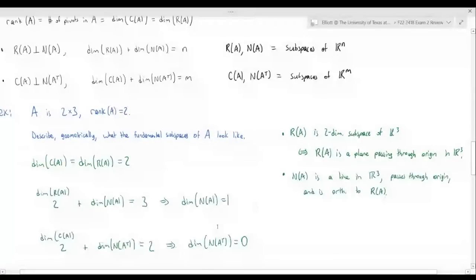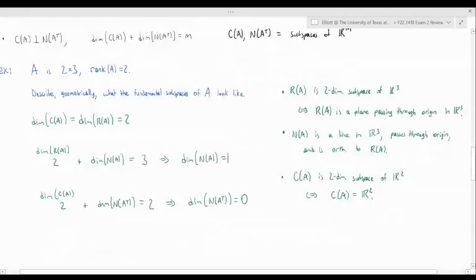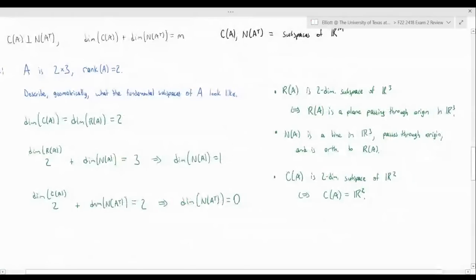If we focus on the column space and the left null space, those guys are going to be subspaces of R2 in this example. But the column space itself is two-dimensional. So if it's a two-dimensional subspace of R2, that means that the column space of A is just R2 itself, because R2 is already two-dimensional. The only two-dimensional subspace of it would be itself.